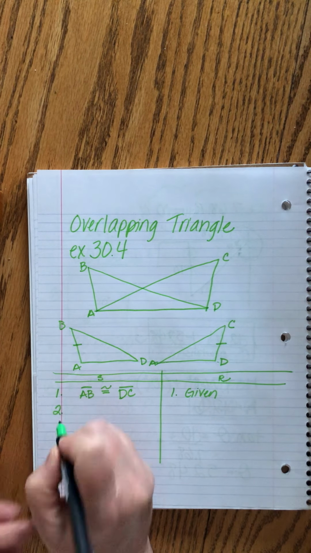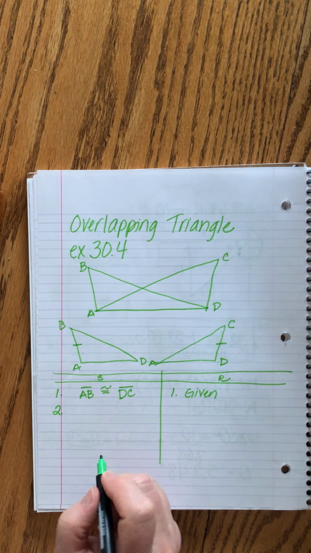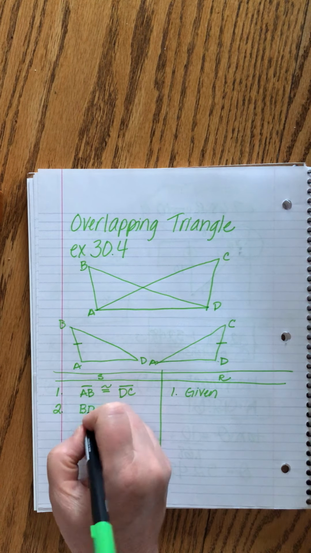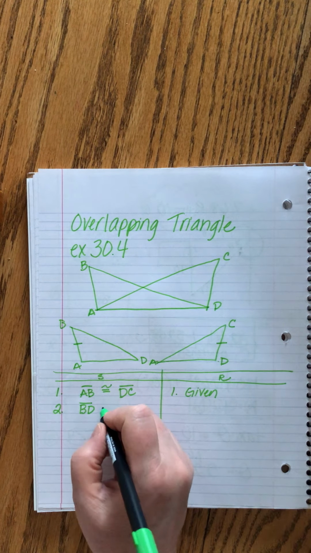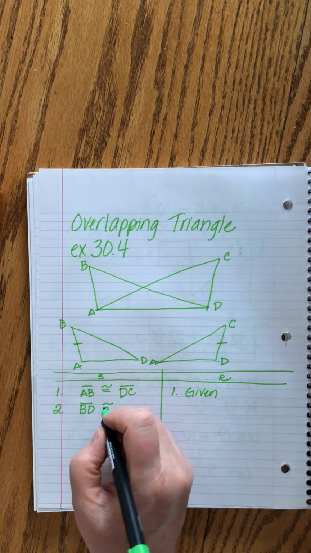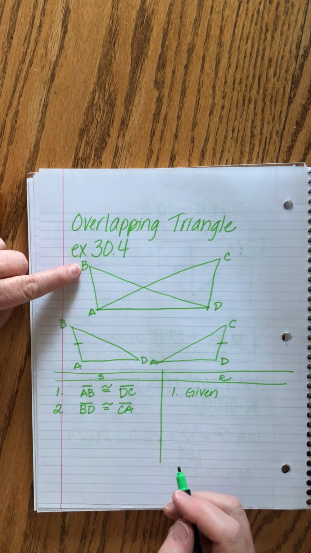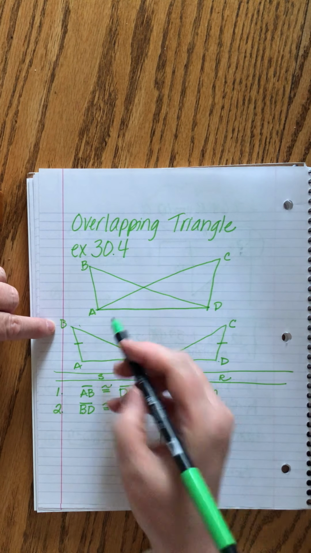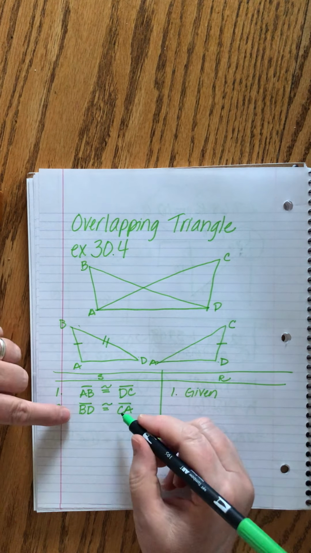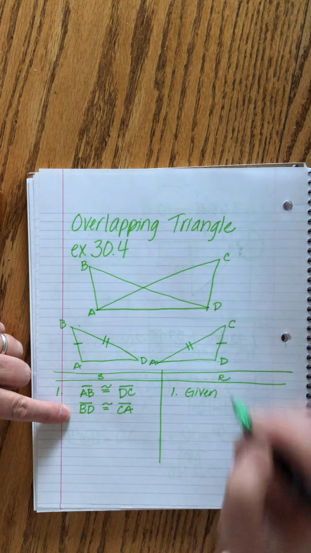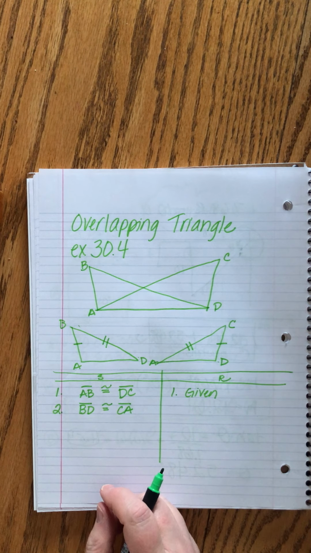And then the second thing we're given is that segment BD is congruent to CA. Okay, let's figure that one out. BD is congruent to CA. Okay, that's good. I like it.